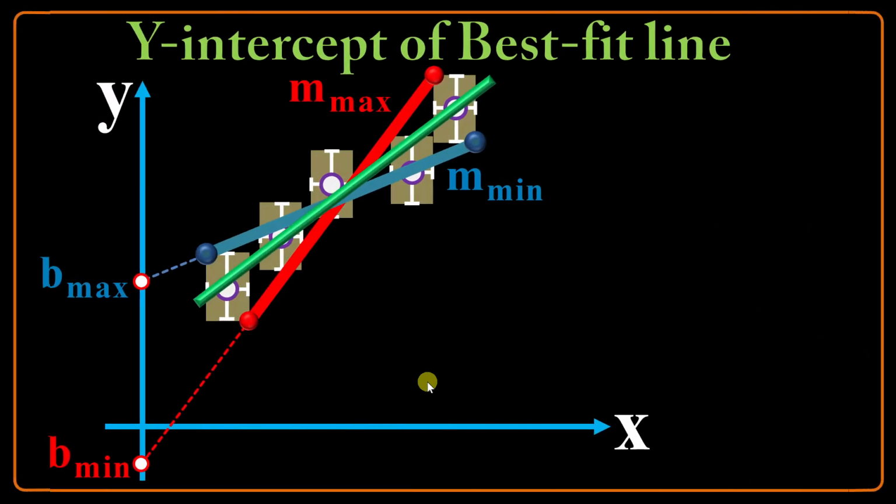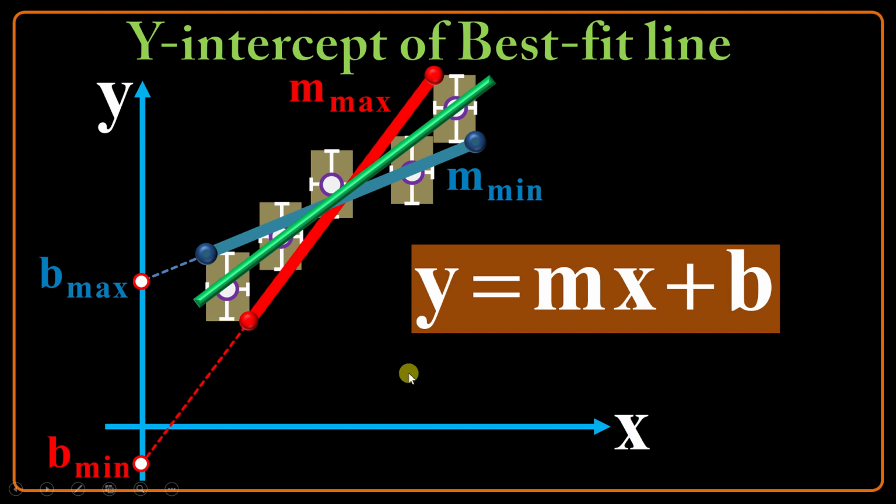Now we are ready to write the equation of that line. Y is equal to mx plus b. If this is the equation for the best fit line, m is something we find with the average of m max and m min, and b is something we find with the average of b max and b min, with the uncertainty as mentioned.